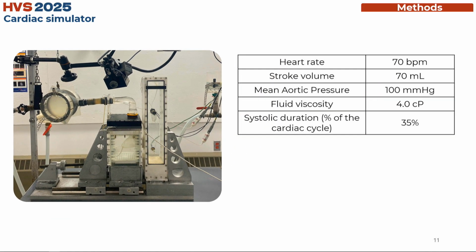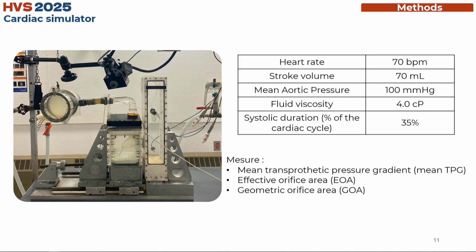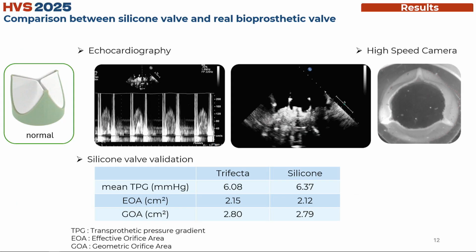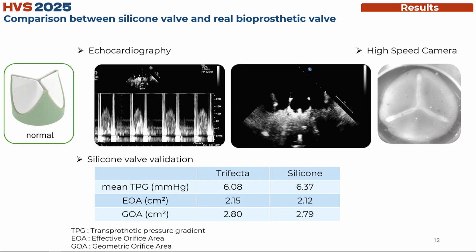The Trifecta valve and the 10 silicone valves were tested under normal physiological conditions, and we measured the mean transvalvular pressure gradients, the effective orifice areas, and the geometric orifice areas. To validate our silicone model, we compared it with the Trifecta valve, and you can see in the table below that the TPG, the EOA, and the GOA are quite similar.